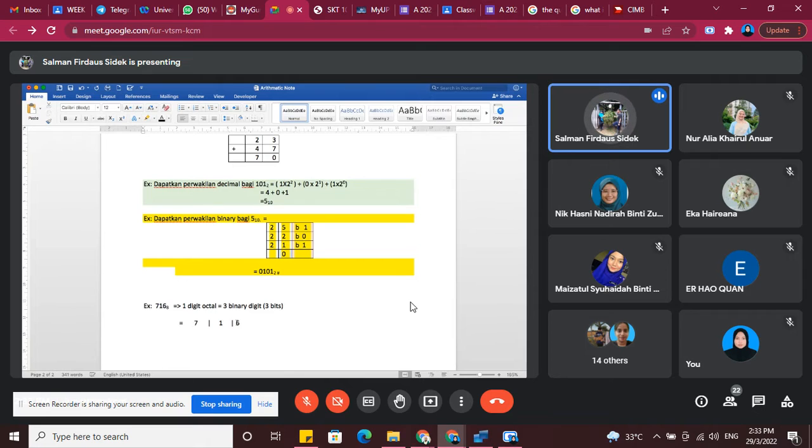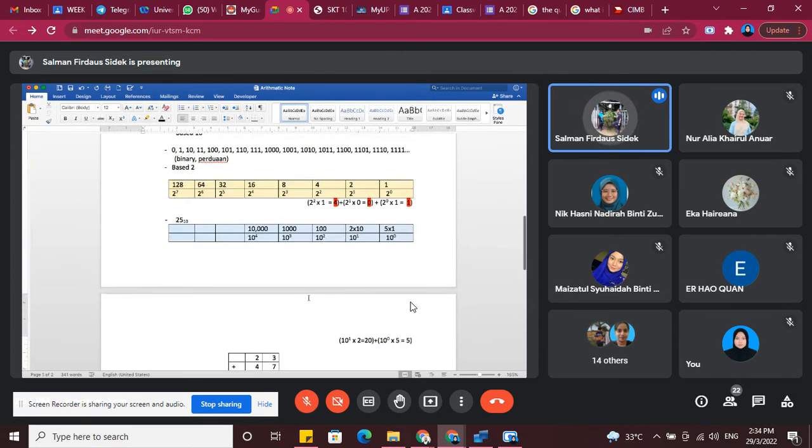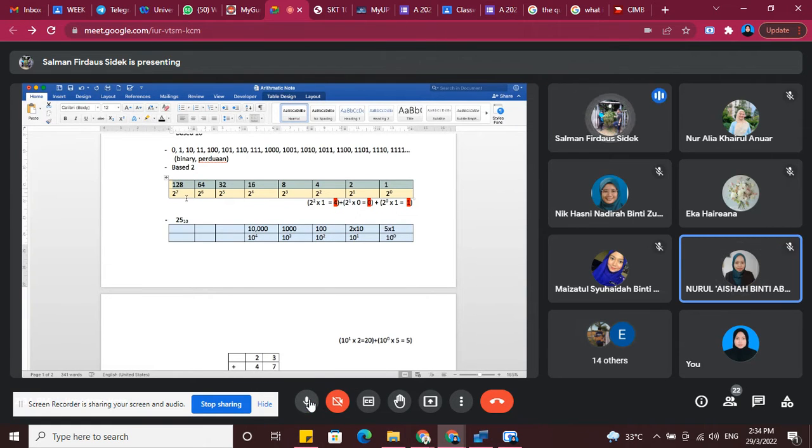So how to represent 6? You start from right to left. So how to represent 6 using 3 bits? Mana nak bentuk 6 daripada 3 bit? 3 bit ni maksudnya kita guna binary digit. This one is a binary sequence. So how to create 6? What plus what? 4 plus 2.